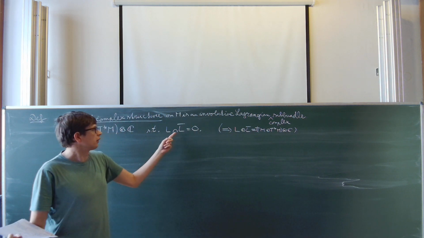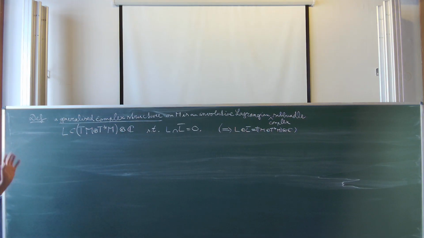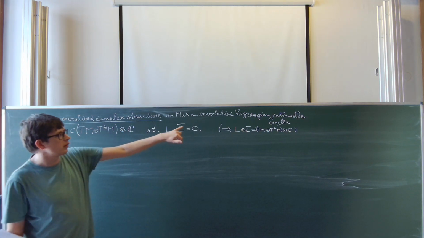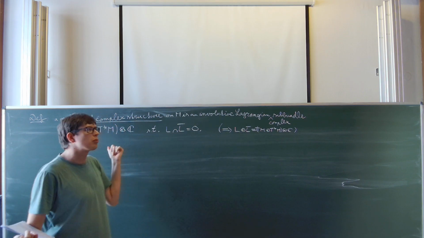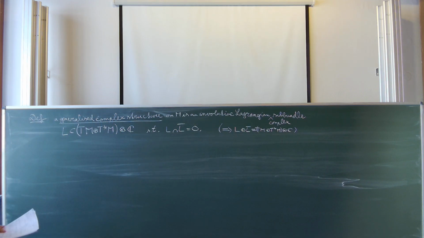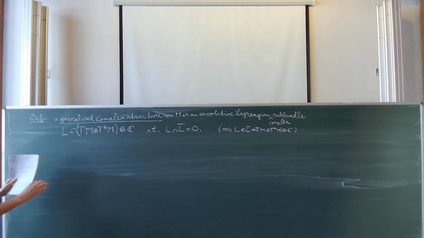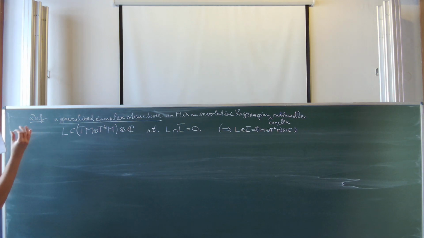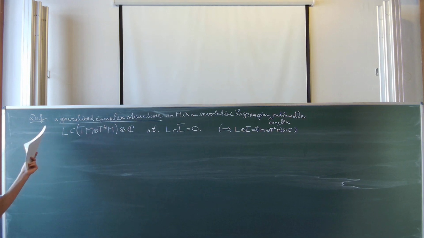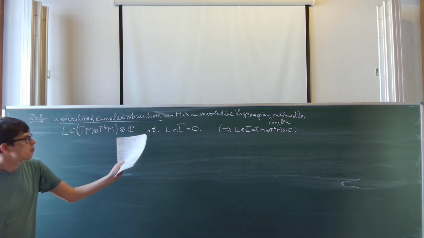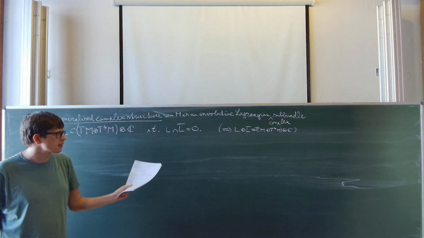This is a very natural analog, except the involutivity now is not with respect to the commutator of vector fields, but with respect to this new bracket. Once again, you can call it a complex Dirac structure if you want, but you want it to satisfy this.